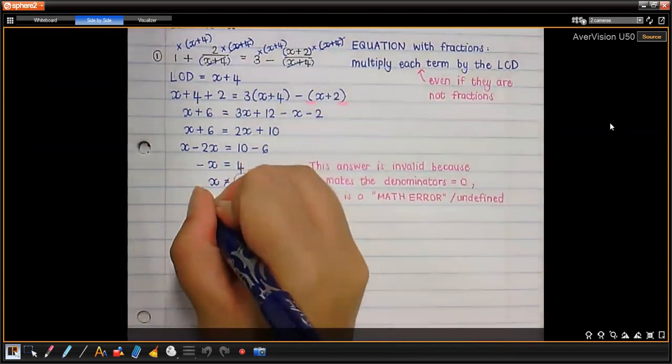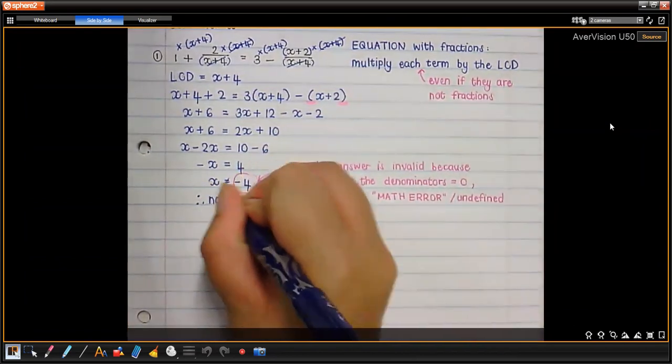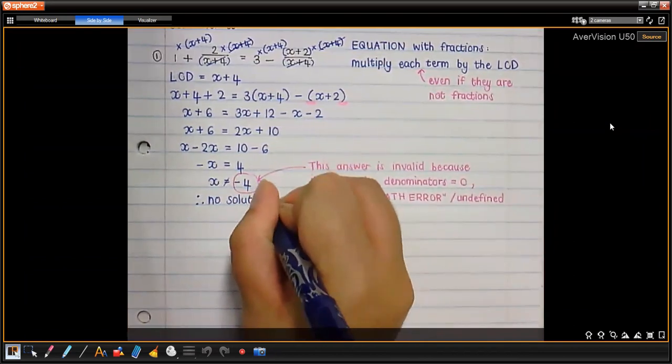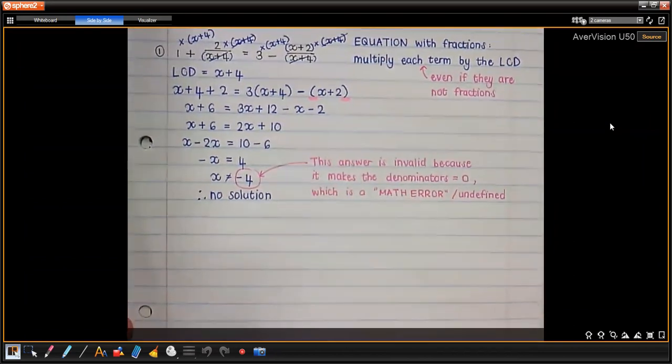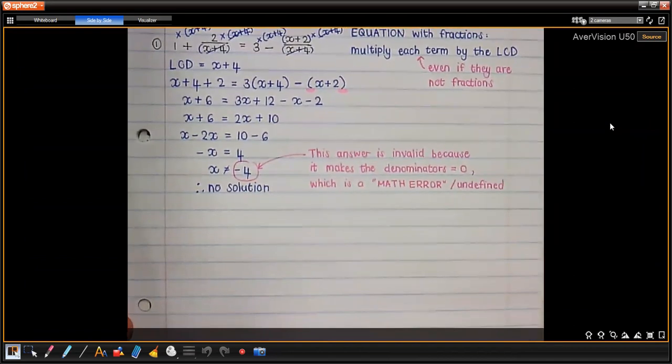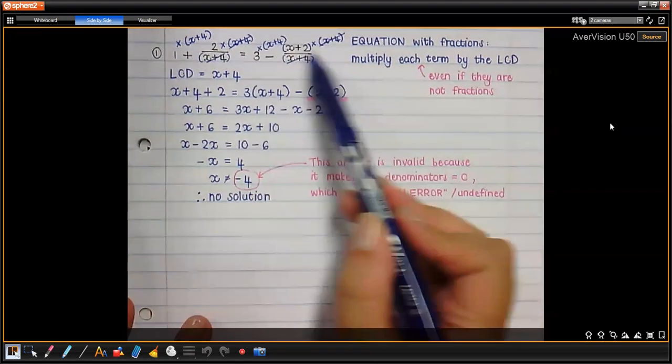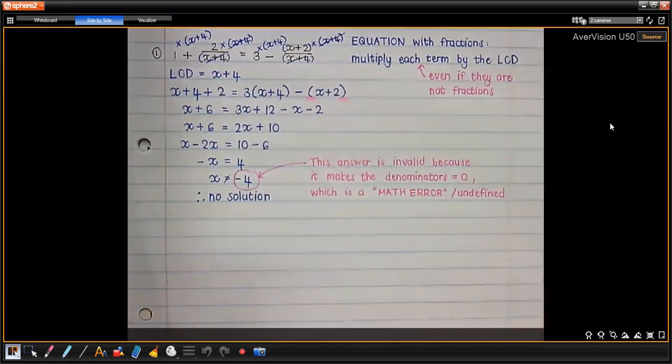Therefore, no solution, which is something we covered in grade 9, where you did equations and got, you remember, like 2 equals 3. If you're getting 2 equals 3, that means there's no solution. There's no value for x that will make this equation work.